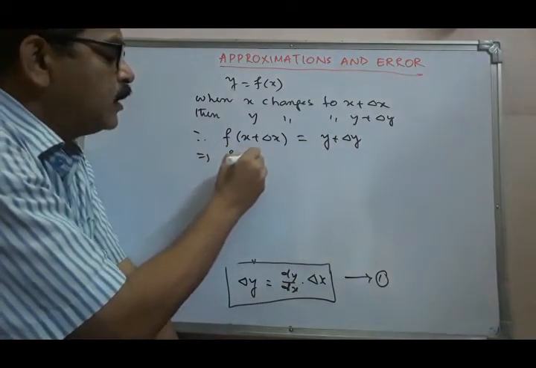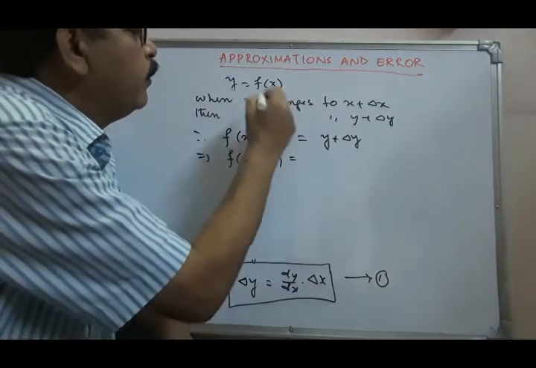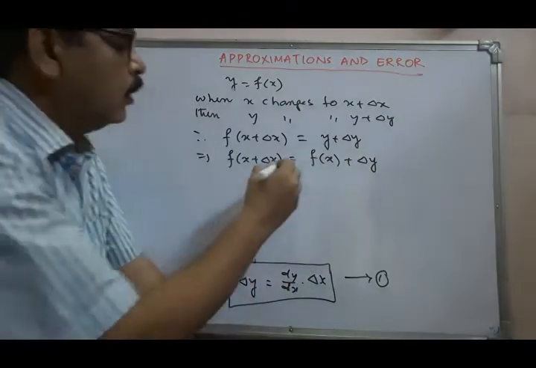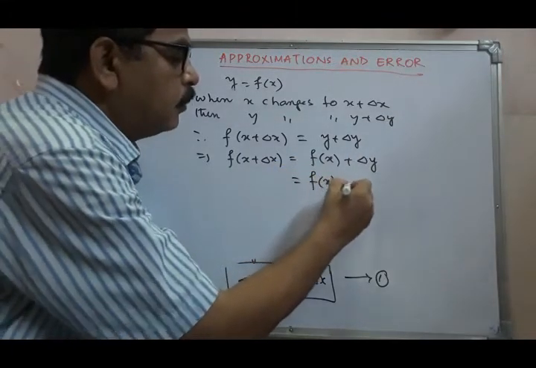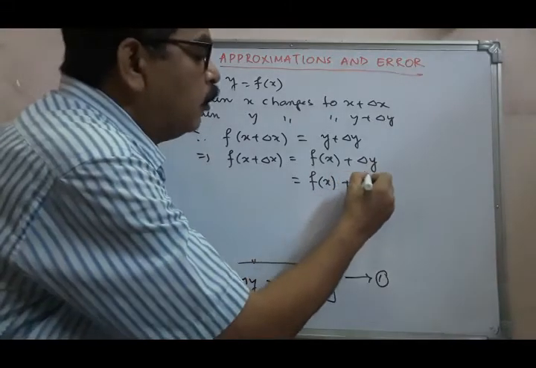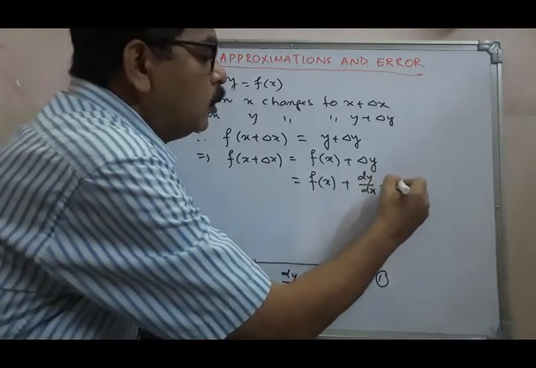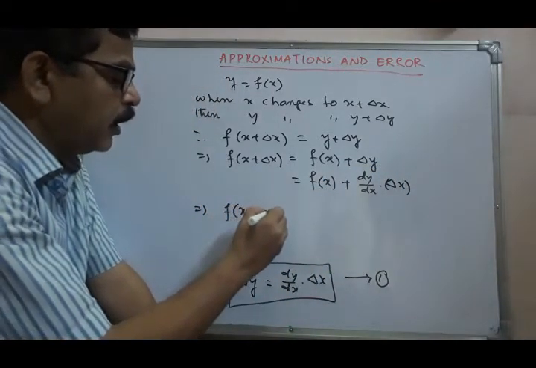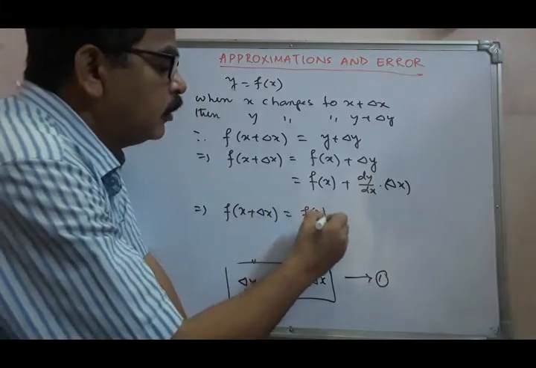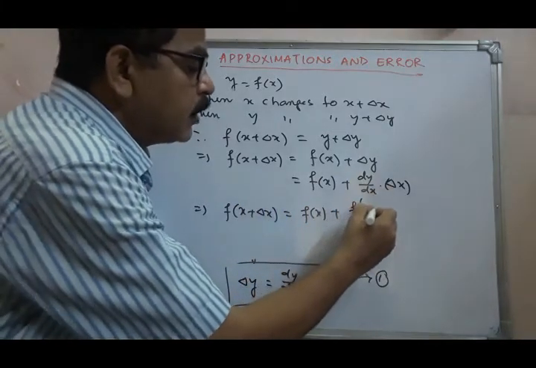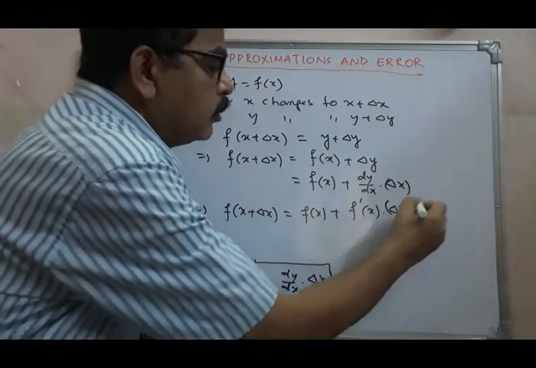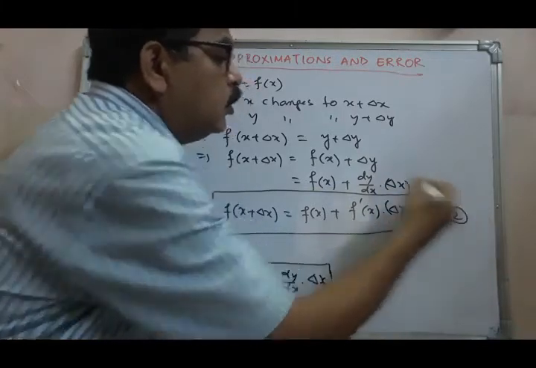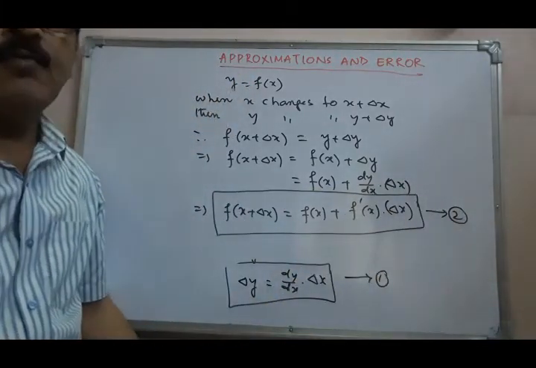That is, f of x plus delta x equals y plus delta y, which means f of x plus dy by dx into delta x. As a result f of x plus delta x equals f of x plus f dash x into delta x, where dy by dx is also denoted by f dash x. So this is the other formula, formula number 2.